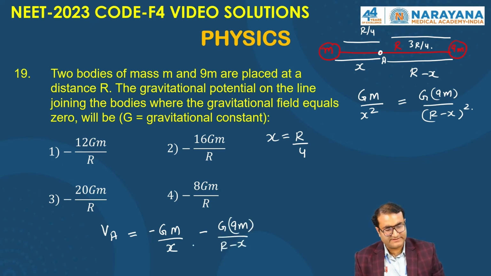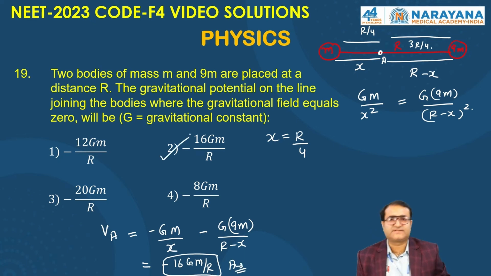Put the value of x here as r by 4. So finally we will get minus 16 Gm by capital R as the answer. Second option is correct here.